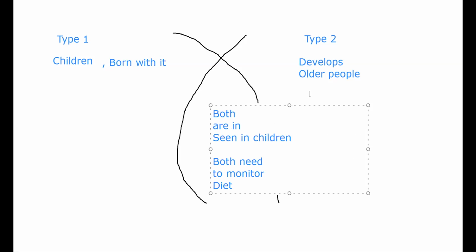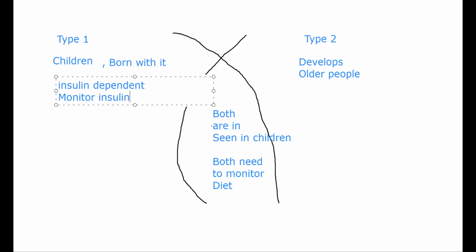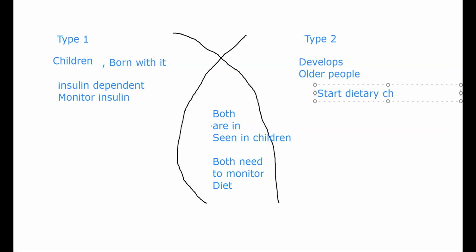Okay, now, type 1 is insulin dependent. So even if they monitor their diet, they're going to have to monitor their insulin every day. What we're going to see with type 2 diabetes is that they're going to start with dietary changes, exercise, and then maybe insulin.